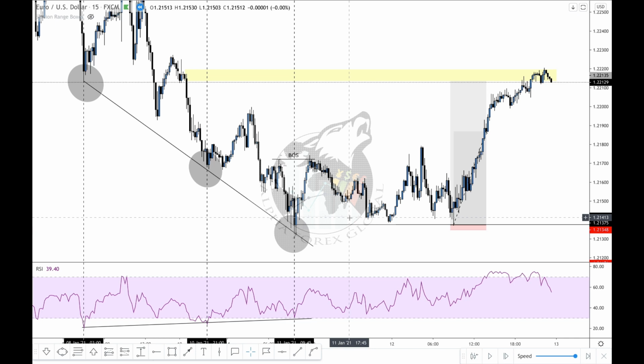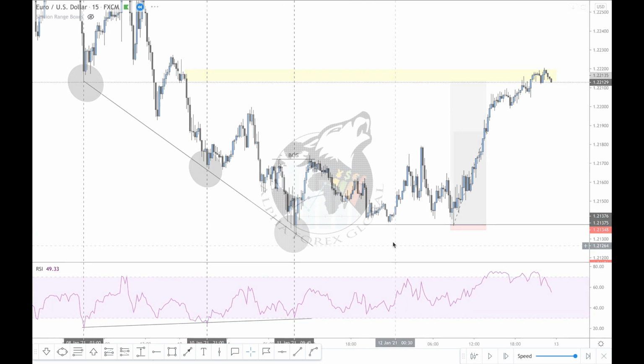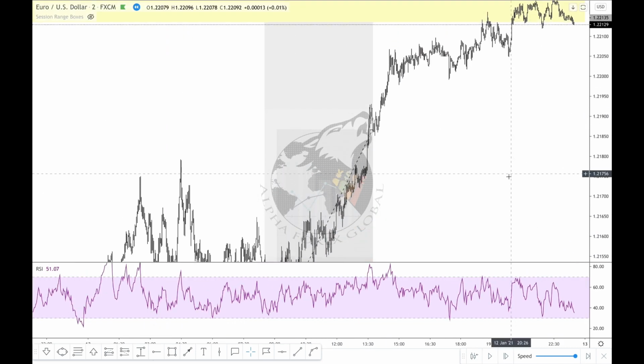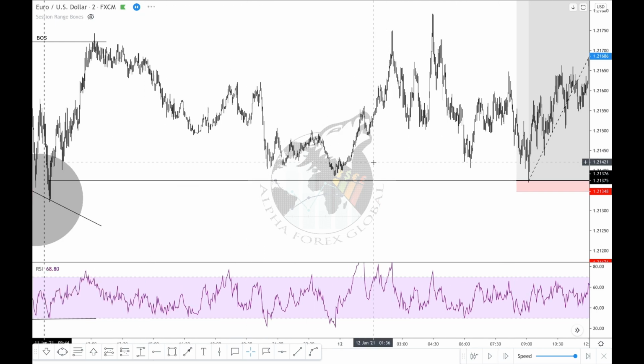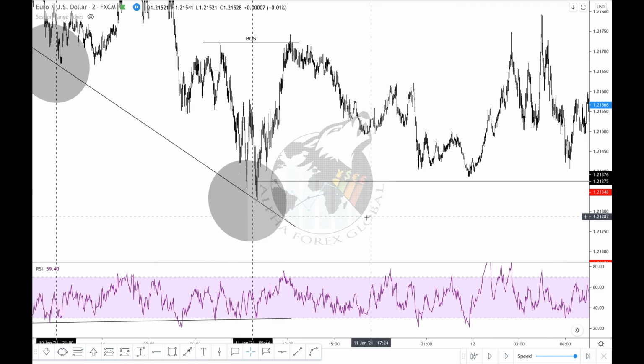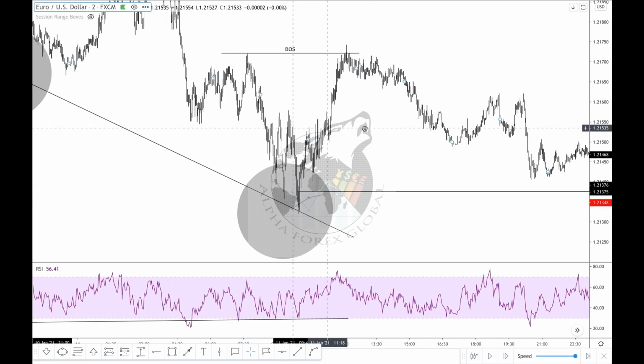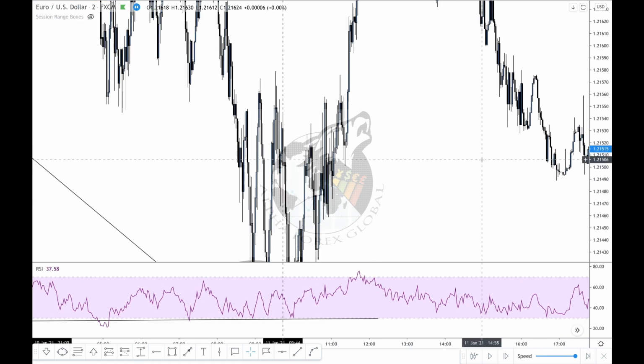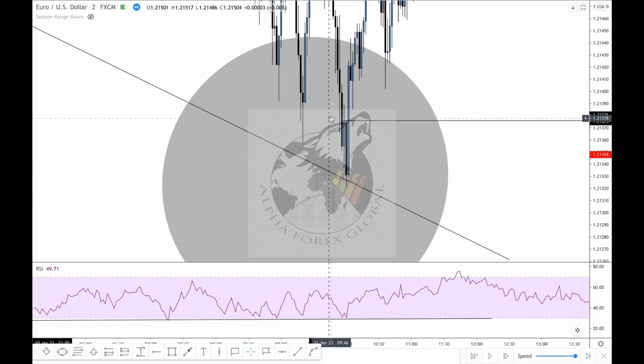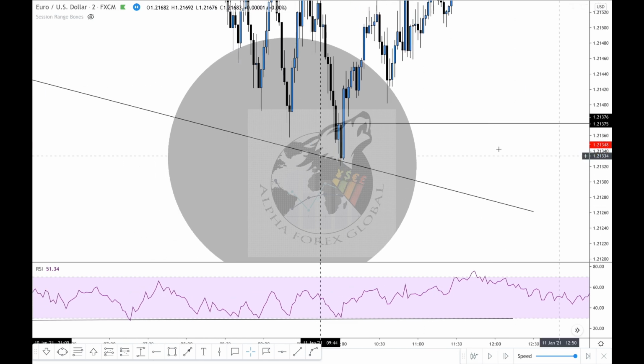If I go down to the 2-minute time frame, because most of the time to see your point of interest, whether it be an order block or inefficiency, you need to walk the time frame. Notice we have a perfect order block right here, right?